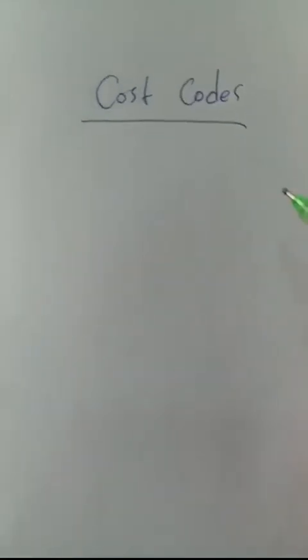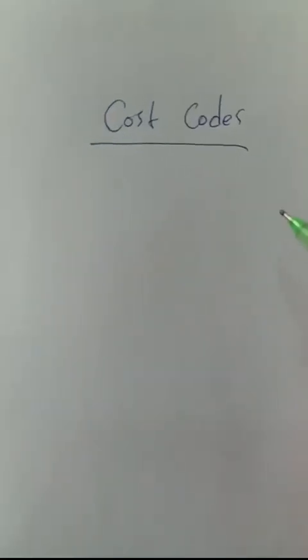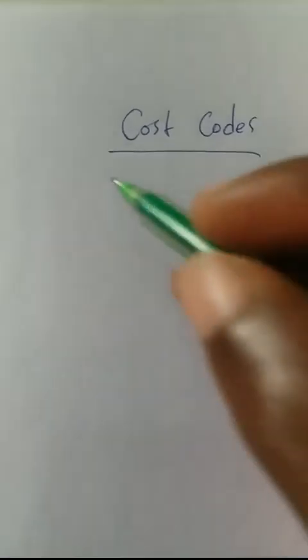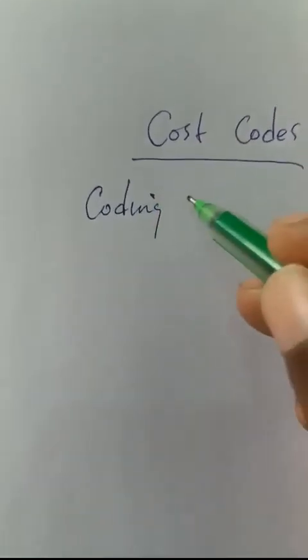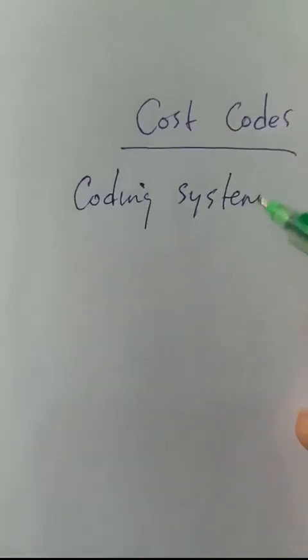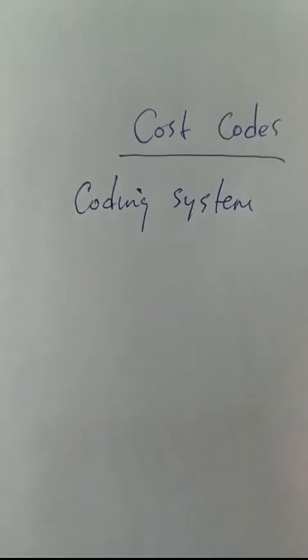So today let's continue with management accounting. I want to explain cost codes. This will follow after the classification of costs that we've been talking about. You need to develop a coding system after you've classified your costs.